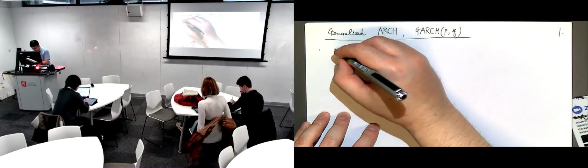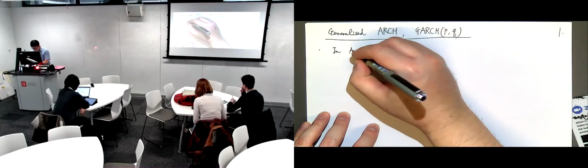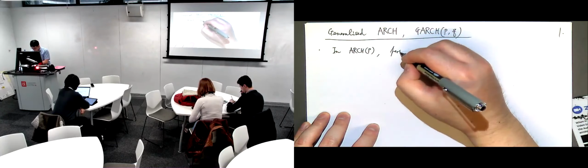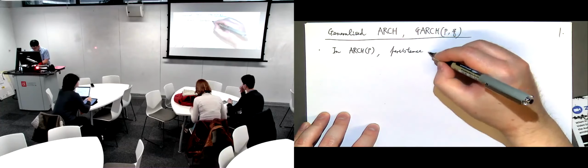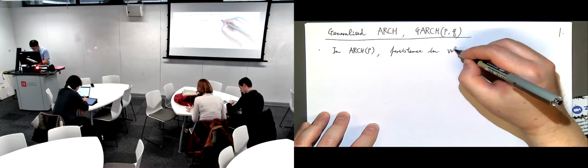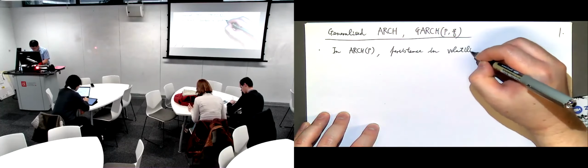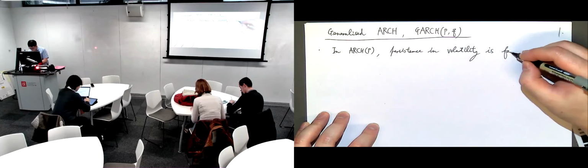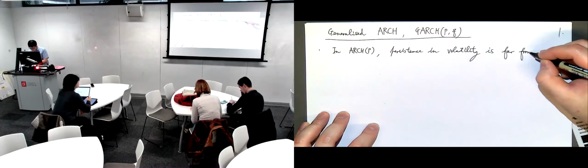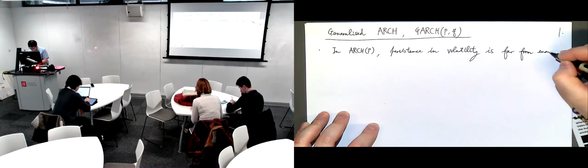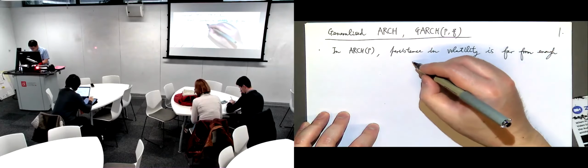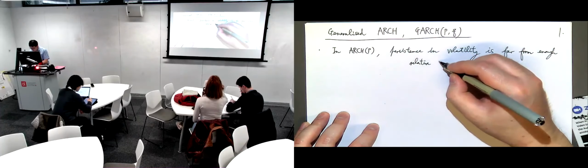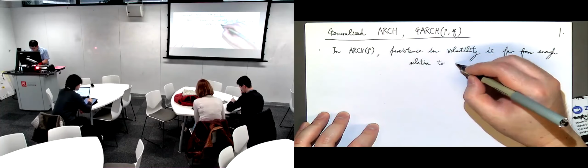The purpose, as I said, is that in the ARCH model, the persistence in volatility is far from enough relative to what we see in real data.